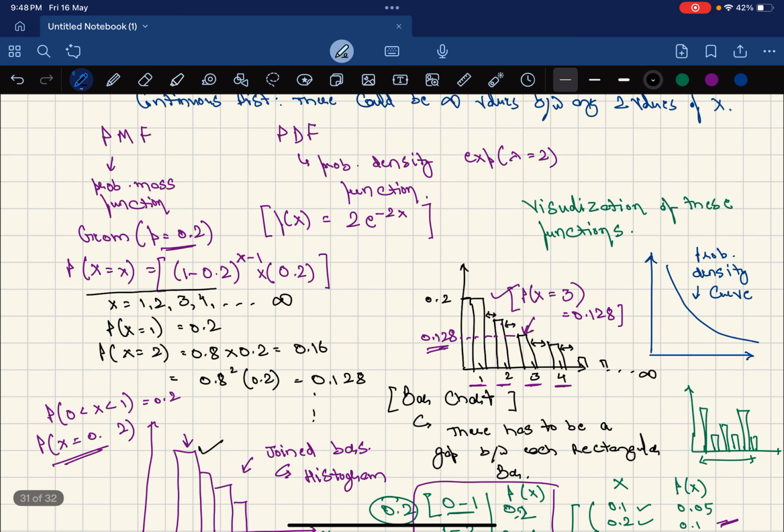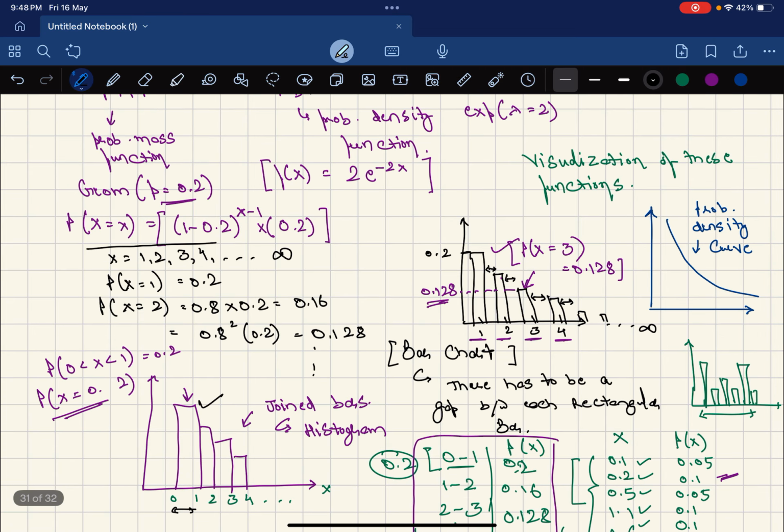Then we looked at visualization to differentiate between discrete and continuous distribution. For discrete distribution, there is something called a bar chart, where for each x value you have a rectangular bar, and the height of the bar represents the probability for the random variable to take that particular value of x.